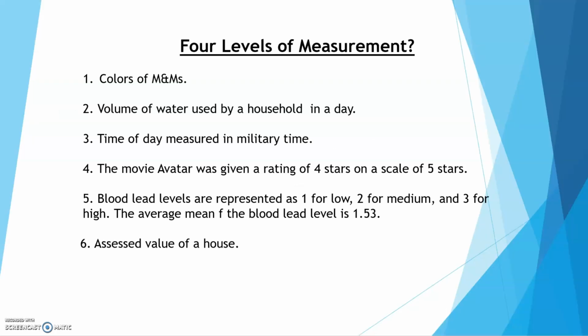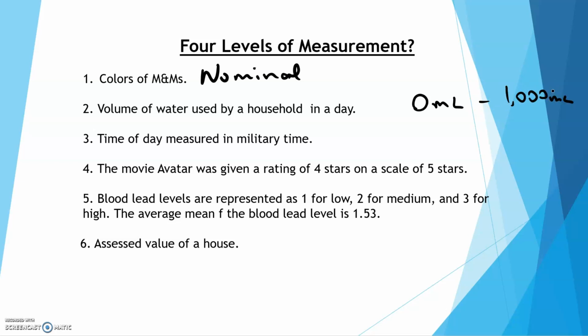Okay, so for these, name the level of measurement. The color of M&Ms. Well, since that is just a category, that's got to be nominal data. Okay, volumes of water used by a household in a day. Well, we can put volumes of water in order from, we'll say, 0 milliliters all the way up to, we'll say, 1,000 milliliters.